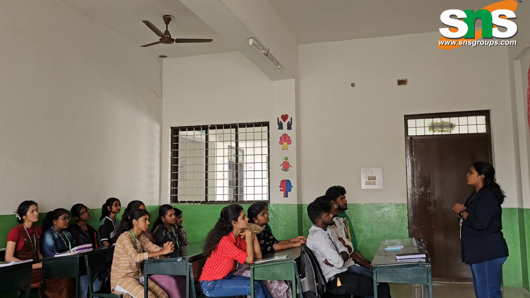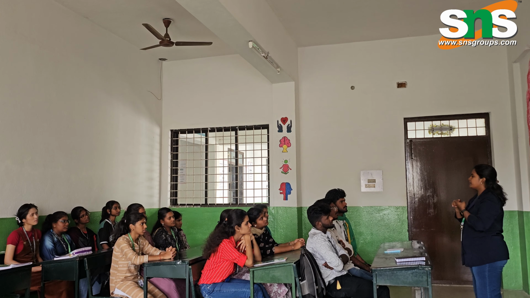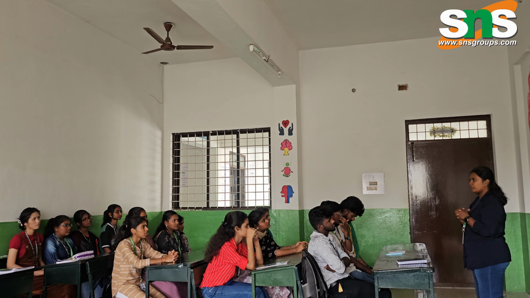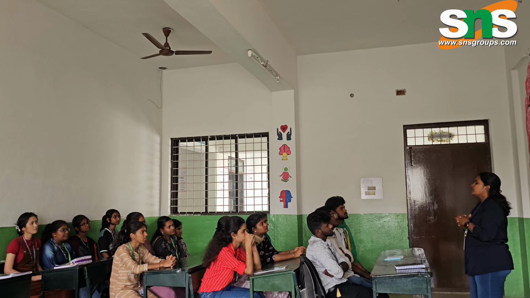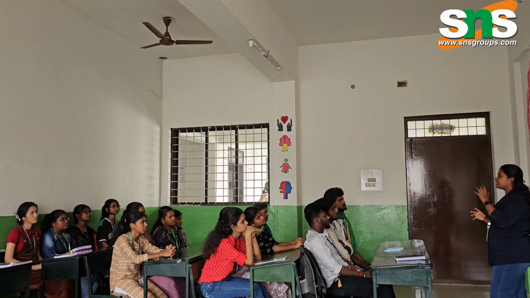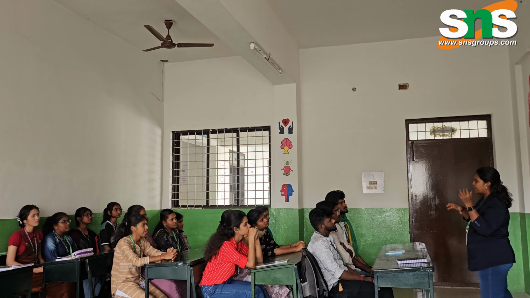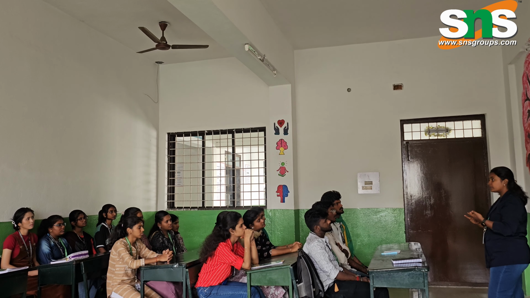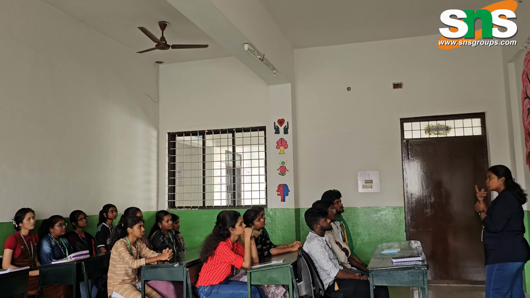As you all know, the basics of what conduct disorder is, right? Conduct disorder manifests in the period between childhood and adolescence. We all know this is the period where there is prominent growth.